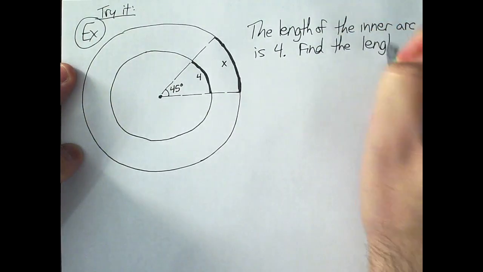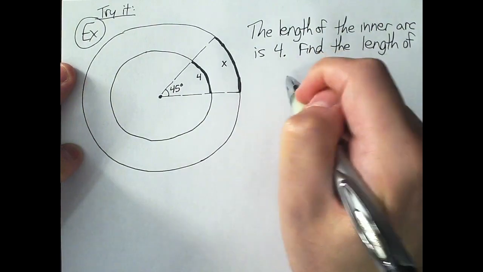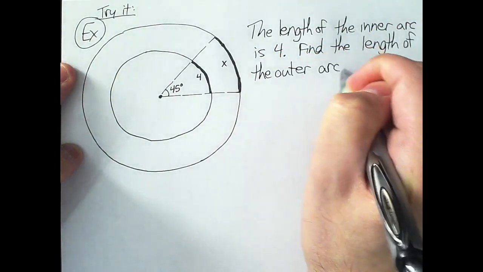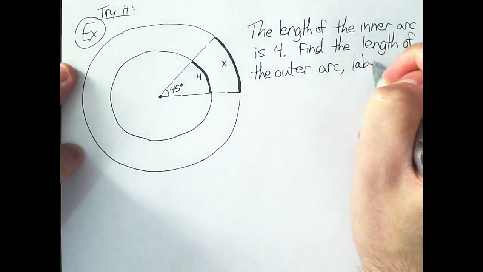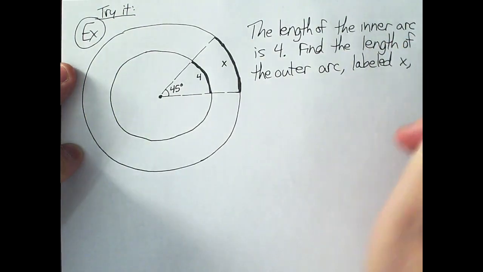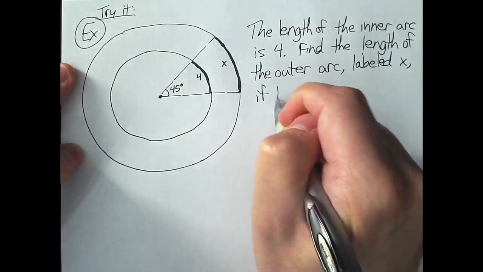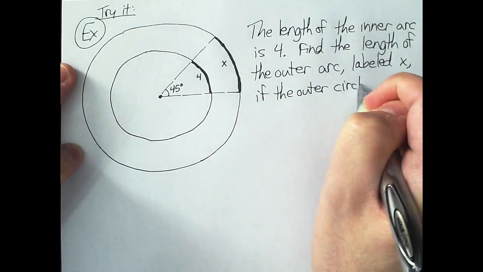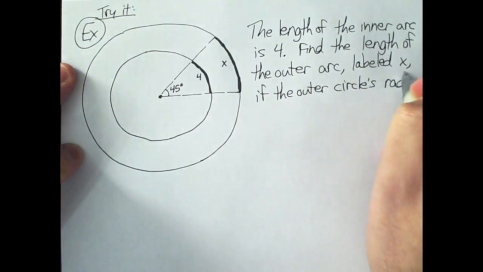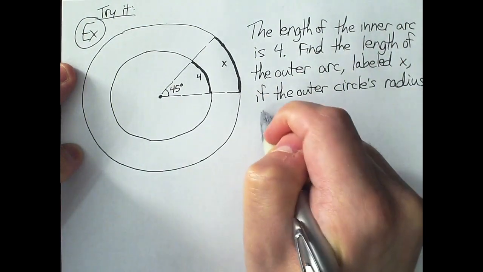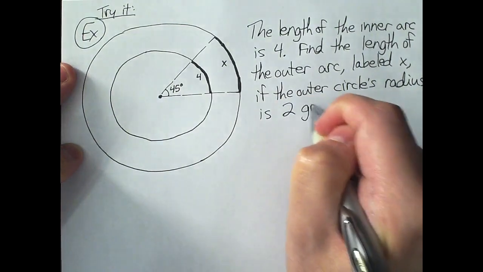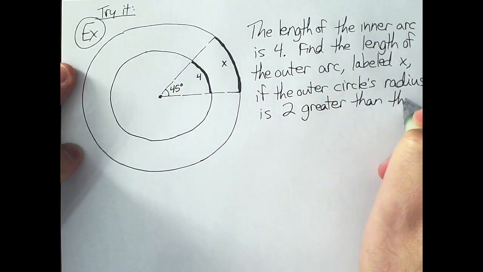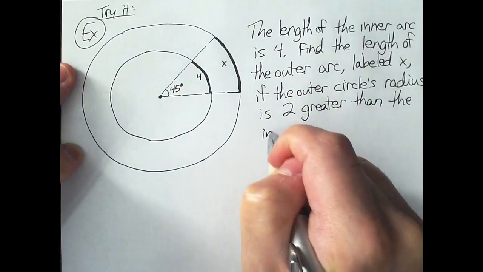Find the length of the outer arc, labeled X, if the outer circle's radius is 2 greater than the inner circle's radius.